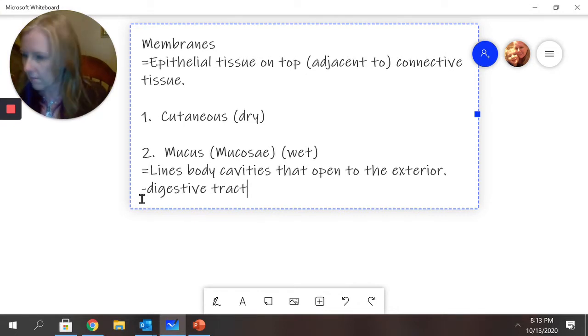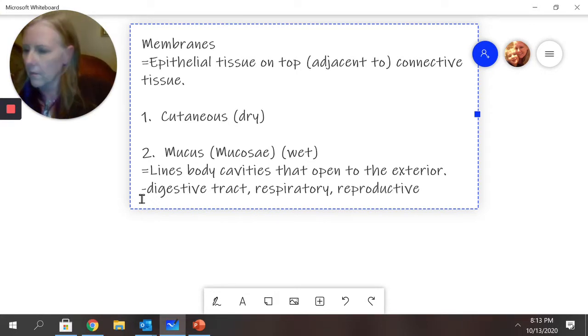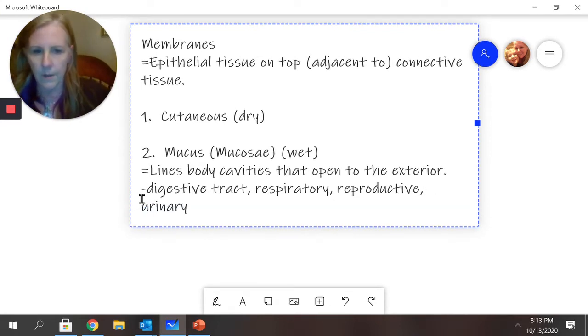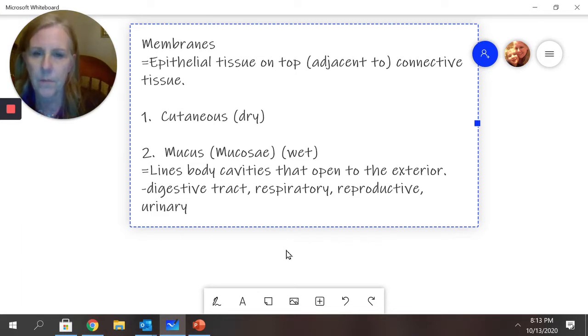Also respiratory, reproductive, and urinary. So all of these systems have body cavities that open up to the exterior, and they are all lined in a mucous membrane.